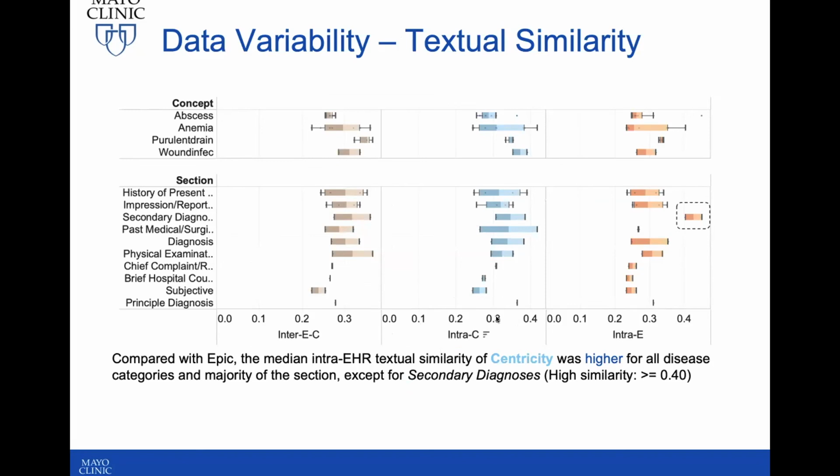So in general, for Centricity, the language in the context of post-surgical complications, if we look at abscess, anemia, drain, and wound infection, has a higher median similarity score, indicating that the report language is more standardized than EPIC. Except for secondary diagnosis, where EPIC language is more standardized. Later we learned there is potential auto-documentation and templates playing a significant role in this section.